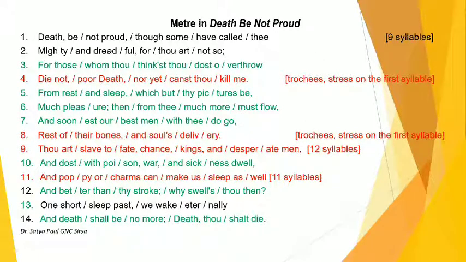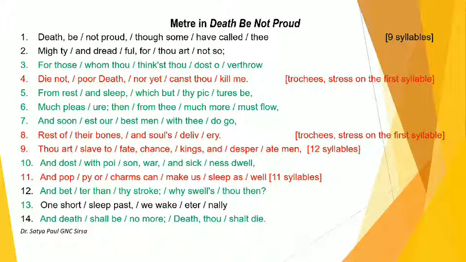So, Death be not proud. If you look at it, everyone will say that this poem has been written in iambic pentameter, but there are so many variations. The whole text is in front of you. There are 14 lines. I have already discussed line number 1, where there are 9 syllables. In line number 2 there are 10 syllables. Then line number 4 is not iambic pentameter; rather, trochee is here.